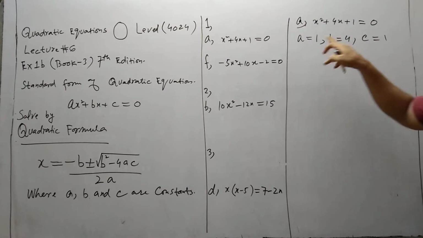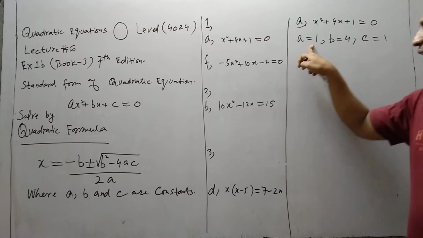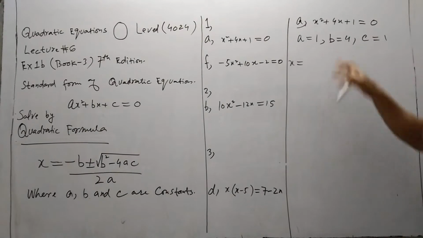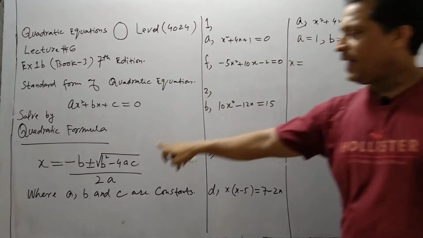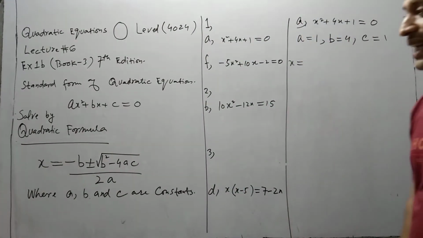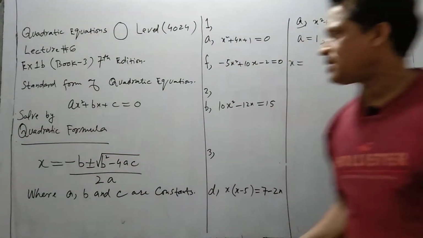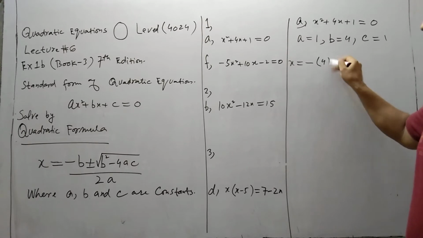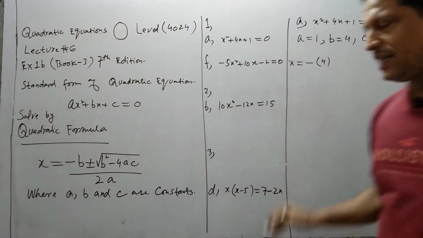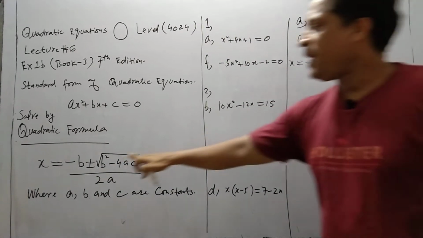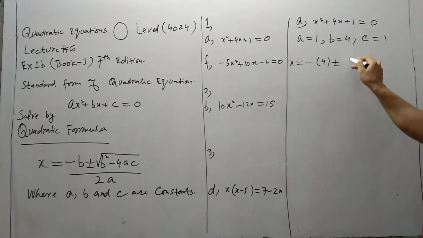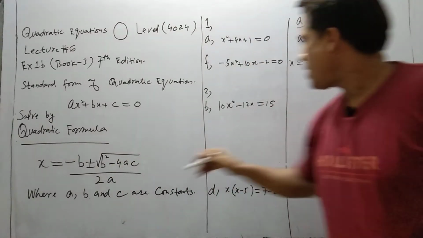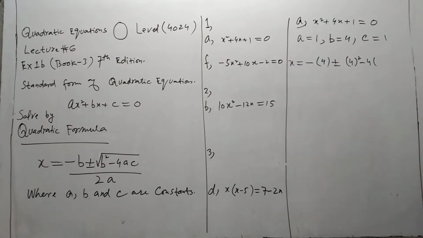So after obtaining the values of a, b and c, we just have to put all values of a, b and c in quadratic formula. What is quadratic formula? It is minus b. b is what? 4, plus minus square root of b square. b is what? 4 square minus 4 multiplied by a.